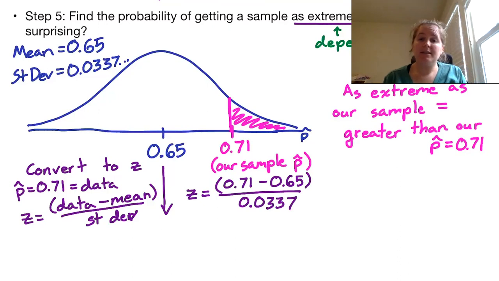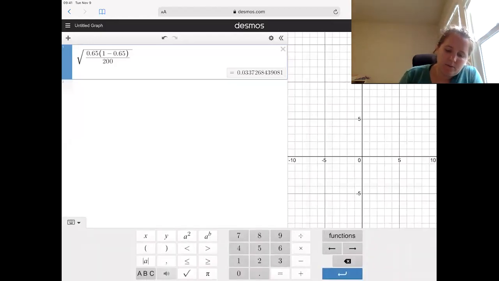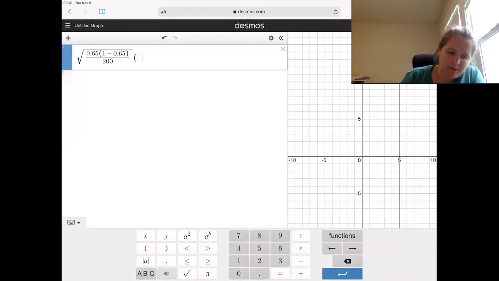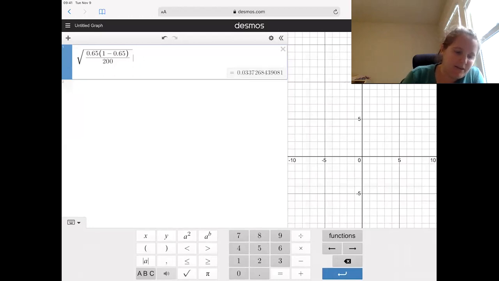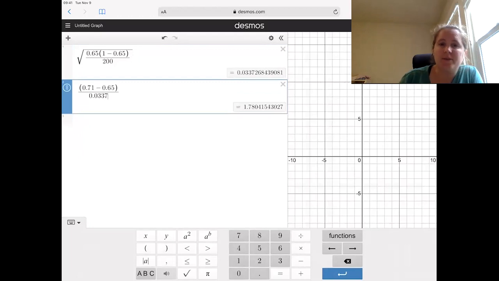And once again, if we switch over to decimals, we can do this calculation. So we had in parentheses 0.71 minus 0.65, and then divide by 0.0337 approximately. So I get 1.78.